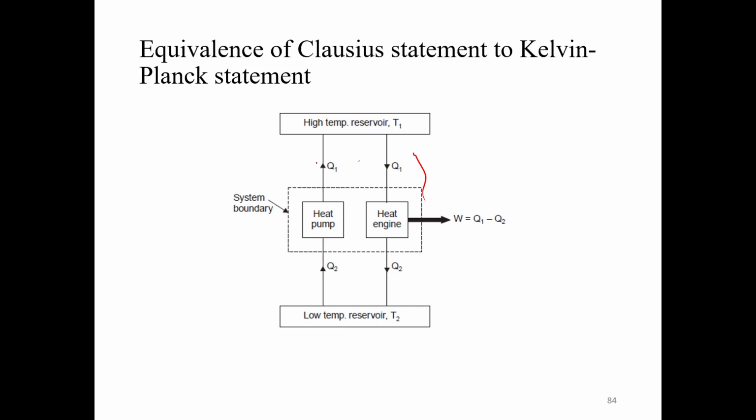Normally, when heat flows from high to low, you can convert some part into work. You can also transfer heat from the lower to the higher temperature, but it involves work. If it goes this way, you can get work out. If it goes the other way, you have to input work.